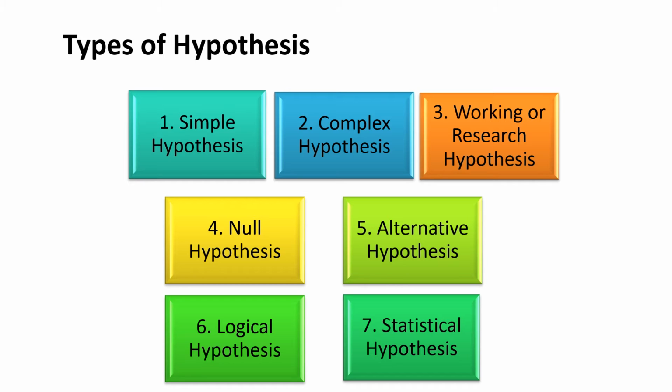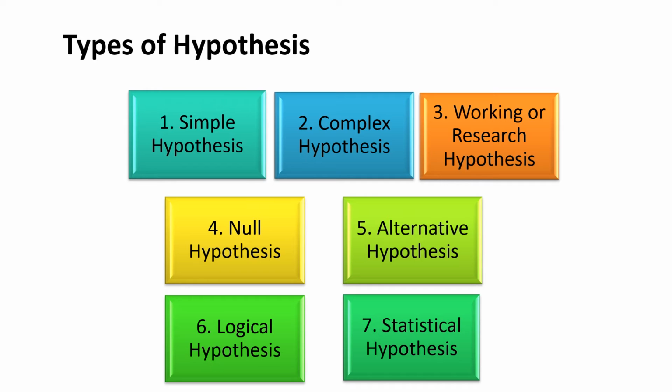Next point is working or research hypothesis. A hypothesis that is accepted to put to test and work in a research is called working hypothesis. A hypothesis that is assumed to be suitable in certain facts, relationship of phenomena.